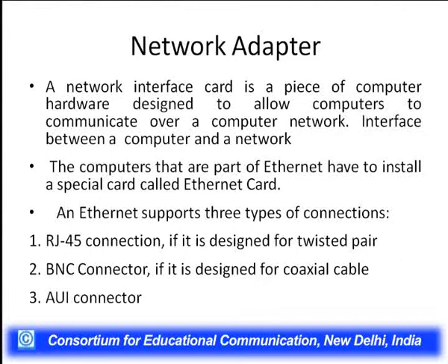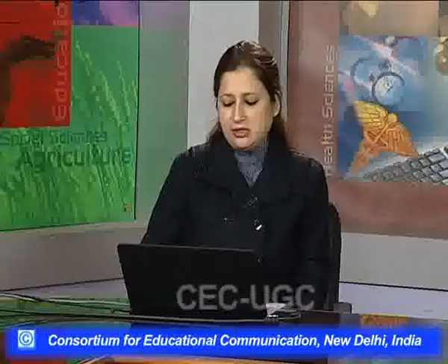Interface between a computer and a network is provided by a network interface card. Computers that are part of Ethernet install a special card called the Ethernet card. An Ethernet card supports three types of connections. One is the RJ45 connections for the networks of twisted pair, BNC connections for coaxial cables, and the AUI connector for the other types of network.